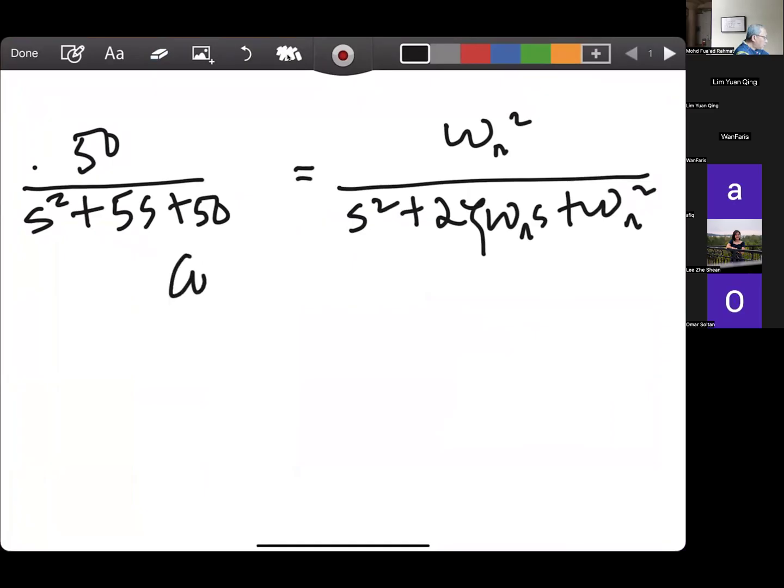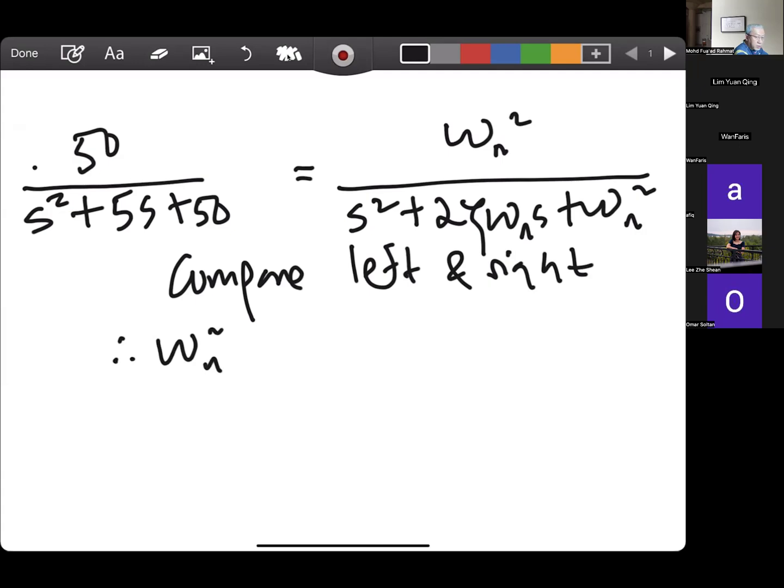Then you compare left and right. From there you get omega n squared equals 50, so omega n is square root of 50, which is 7.07.